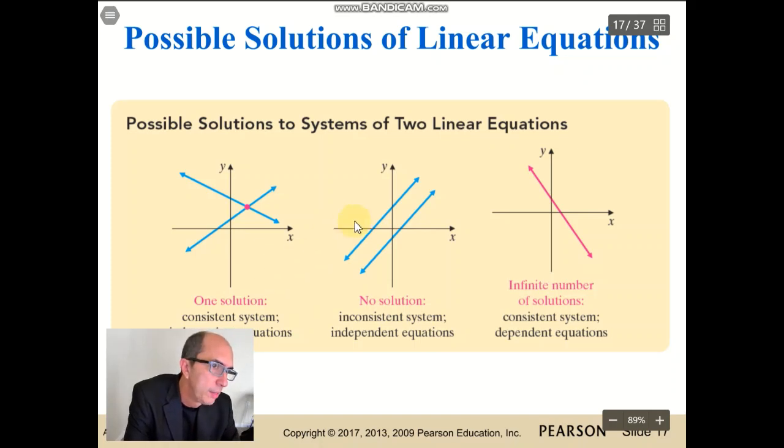The second example, no solution, is an inconsistent system with independent equations. And the last one, we have an infinite number of solutions. The lines are coincident, and it is a consistent system with dependent equations.